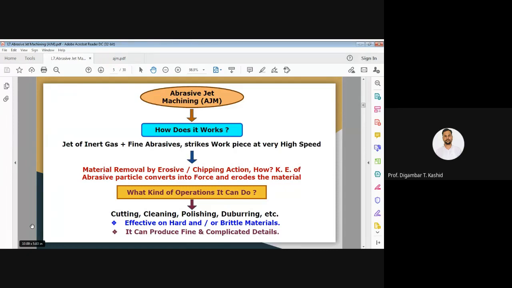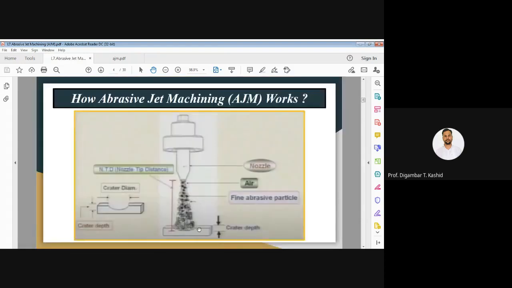So the material removal by erosion, or chipping action, takes place due to the kinetic energy. When your abrasive particles hit the top surface of the workpiece, due to their kinetic energy the erosion takes place on that surface, and due to that erosion, or chipping action, the metal is removed.